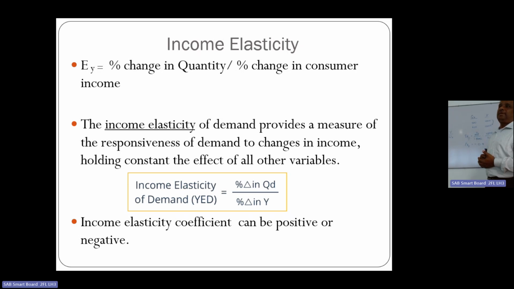Sometimes it can be positive between 0 and 1, or it can be greater than 1, depending on circumstances. So based on the income elasticity coefficient value, we can identify the nature of the product.